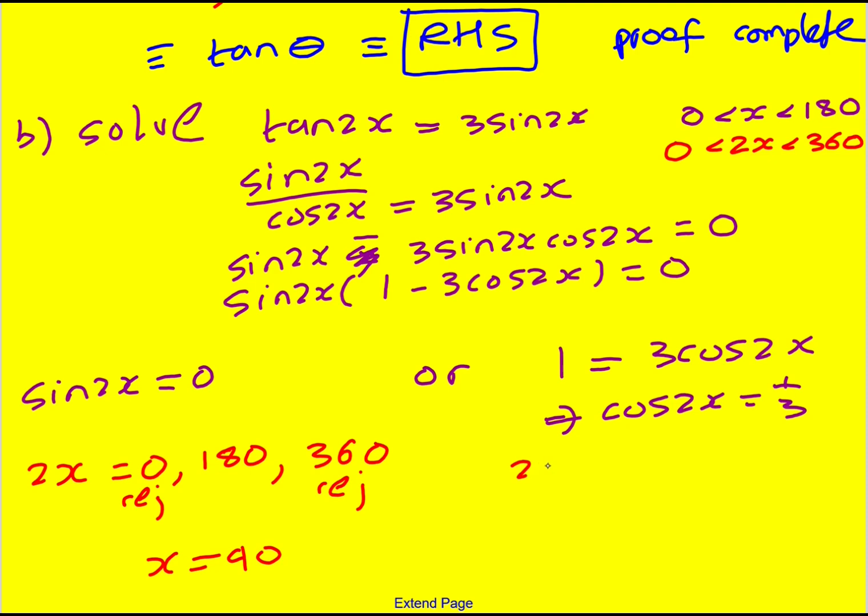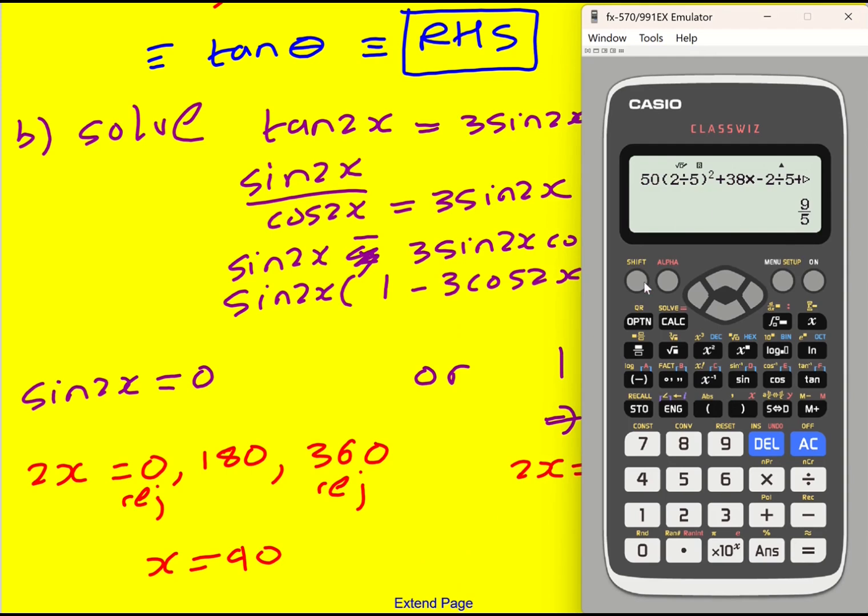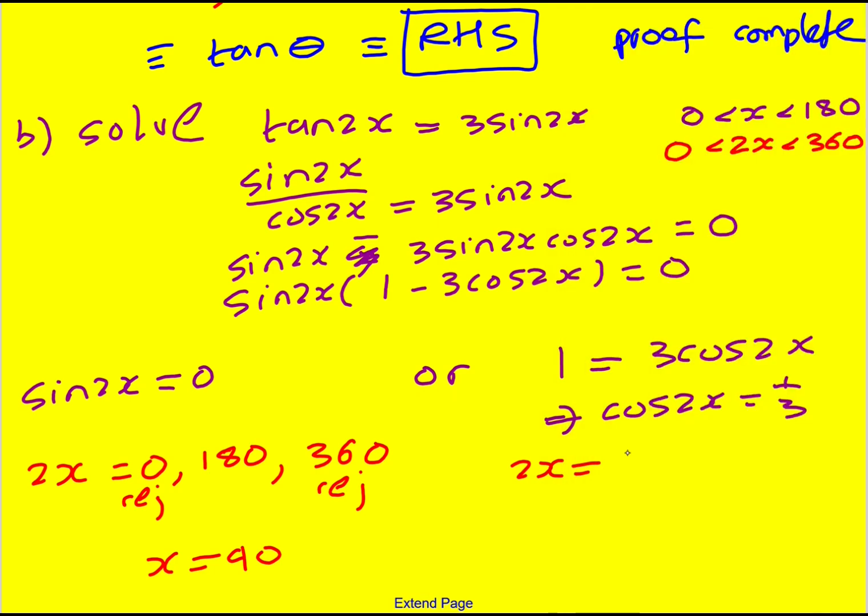And then for the other one, I'm going to get 2x is inverse cos of a third. Make sure you're working in degrees here. Which gives me 70.528.